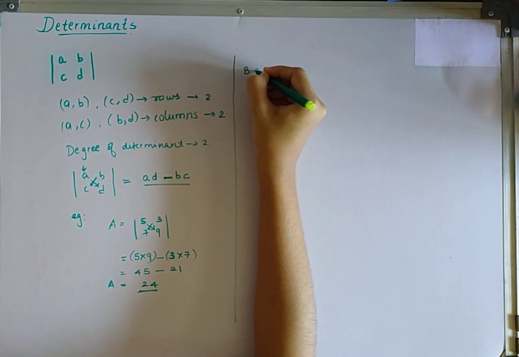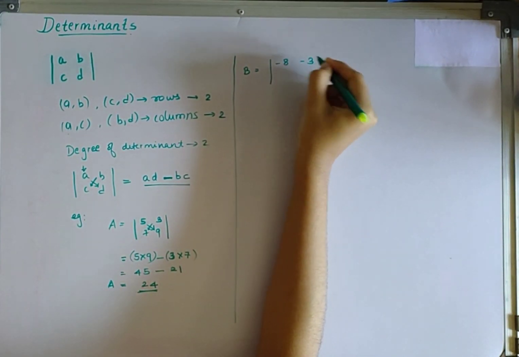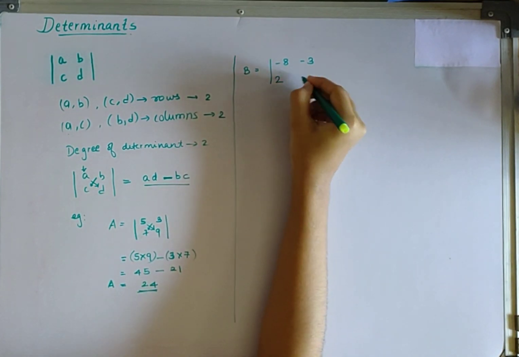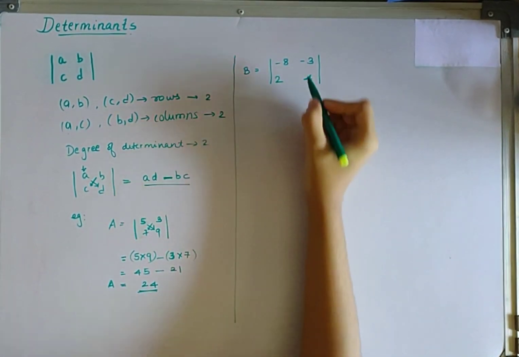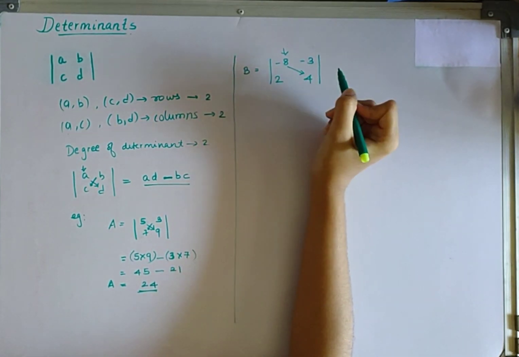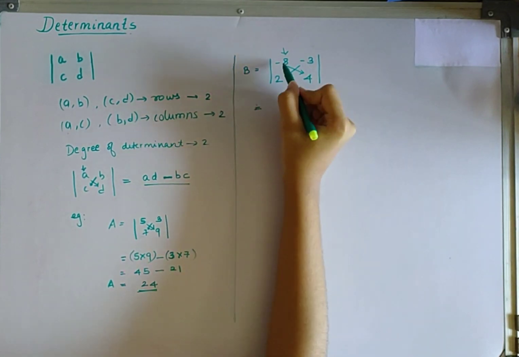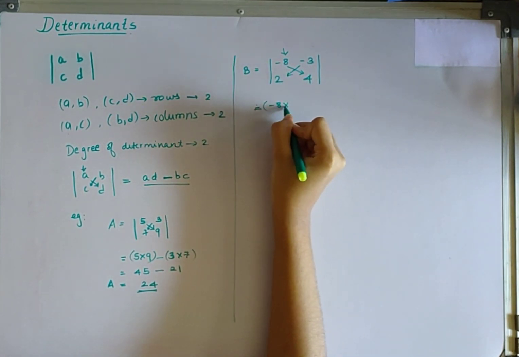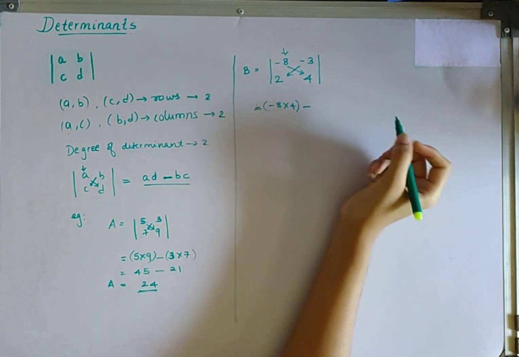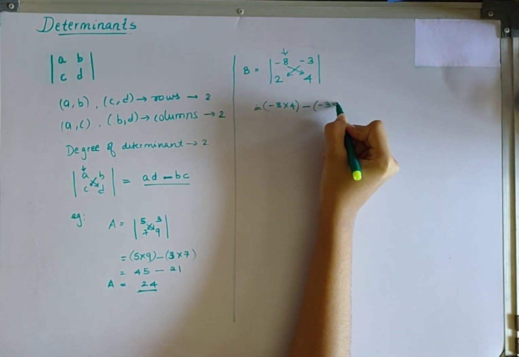Let's solve some more examples so that you will get clarity about it. Suppose my B is minus 8, minus 3, 2 and 4. How will you solve this? First this one, then the diagonal, and then this one. So what is this? Minus 8 into 4, a subtraction sign before moving to the second diagonal, that is minus 3 into 2.